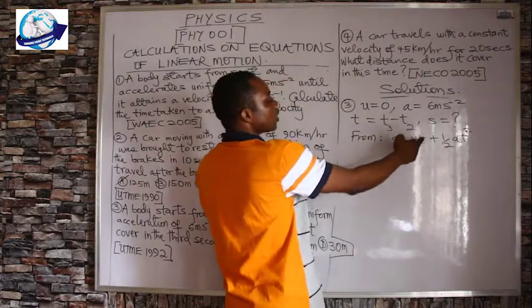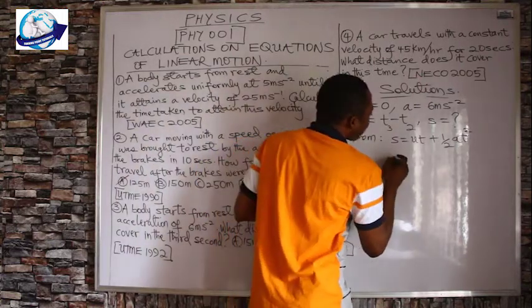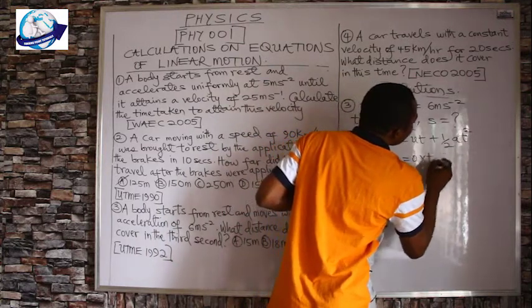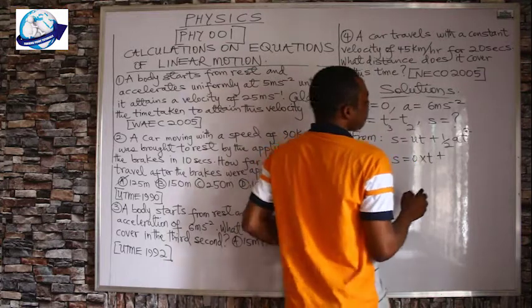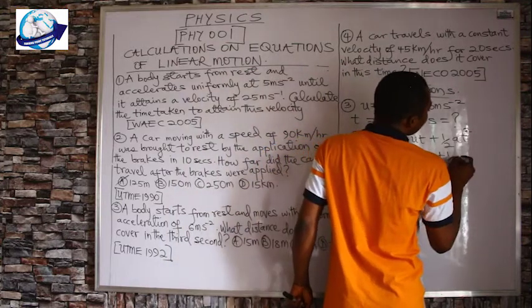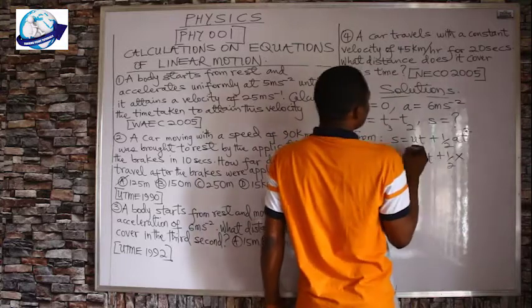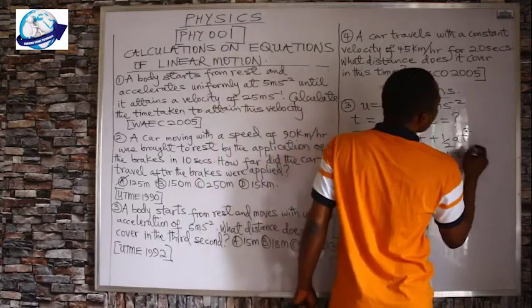This side cancels out when you have S, which is u equals 0 times time, plus, and then what's the next thing now? Plus half a, what's my a, the acceleration, and that's 6, times, what's the time?